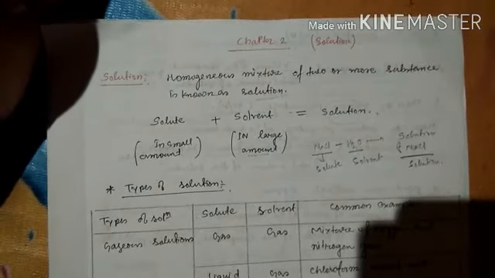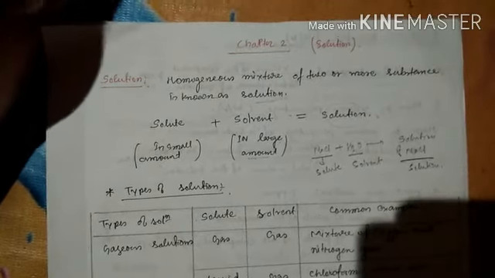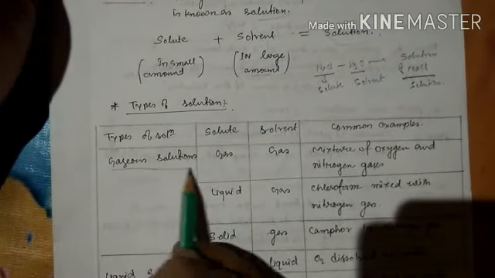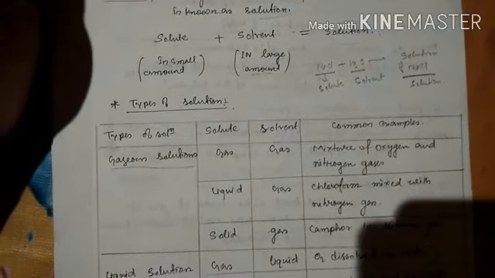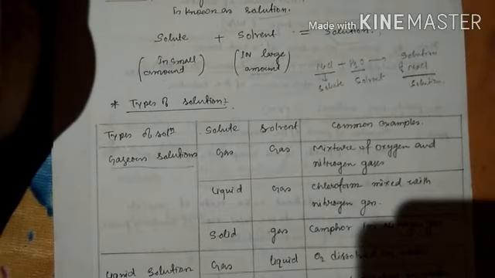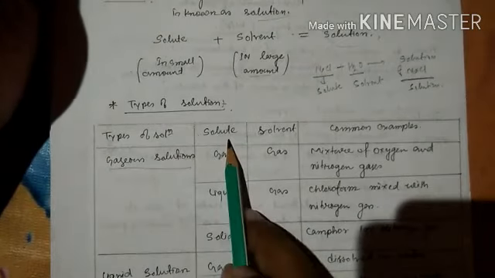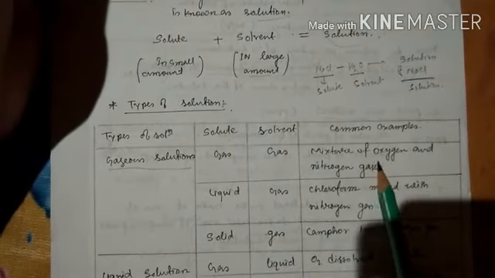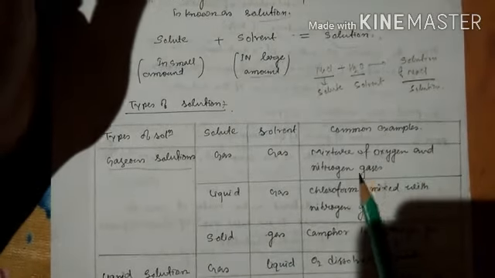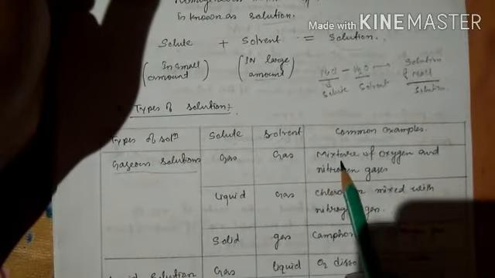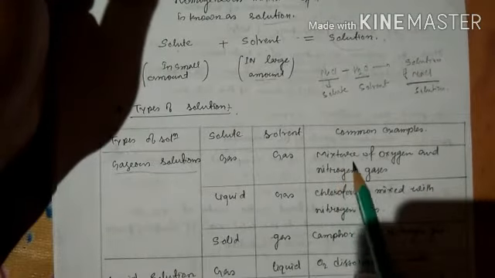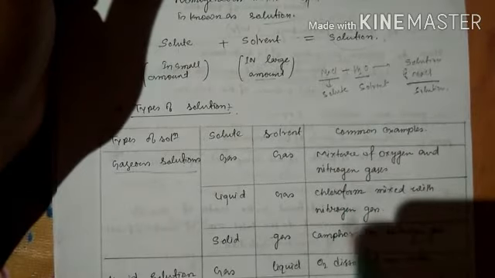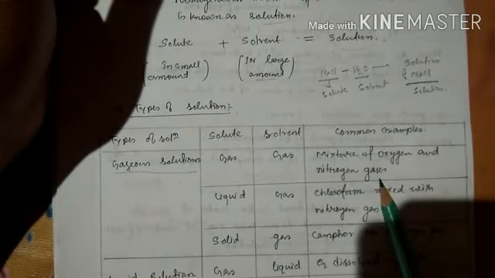There are different types of solution. See one by one. The first type is the gaseous solution. If the solute is gas and the solvent is also gas, then the mixture has an example of a mixture of oxygen and nitrogen.